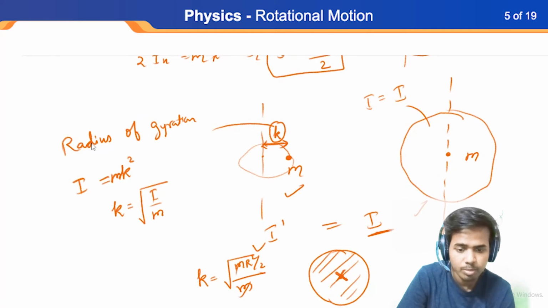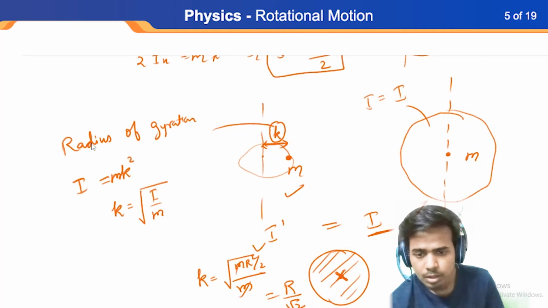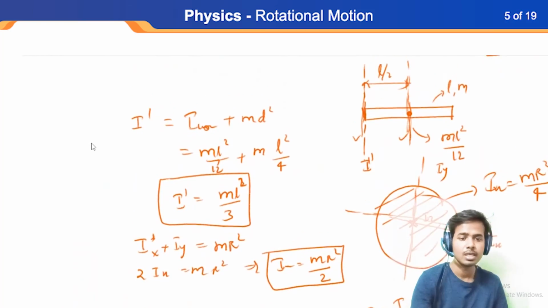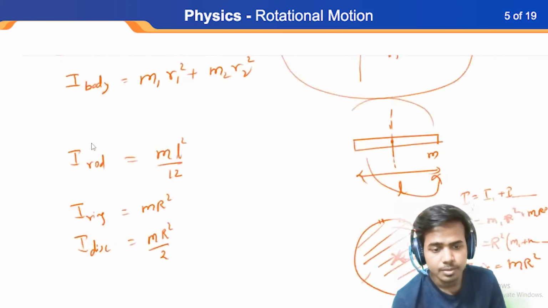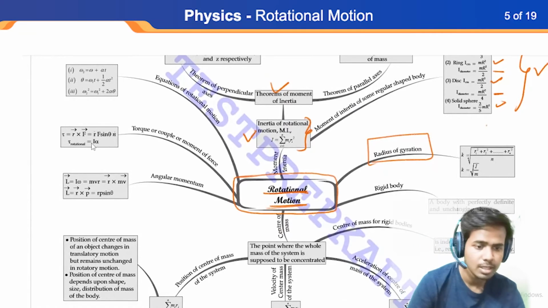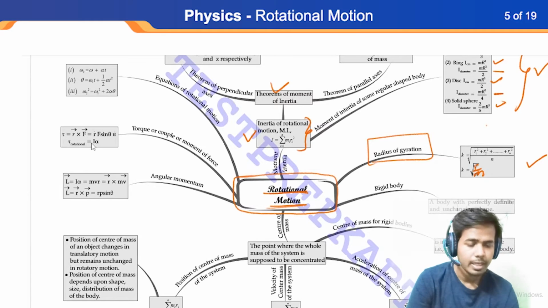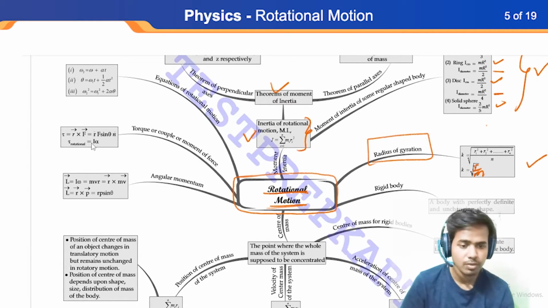So that will be equal to r by root 2. This is the radius of gyration of a disk about the axis of rotation passing into the plane of the disk. I hope that was okay. That is the radius of gyration, which is the square root of I by m, and in this way you can find the radius of gyration.